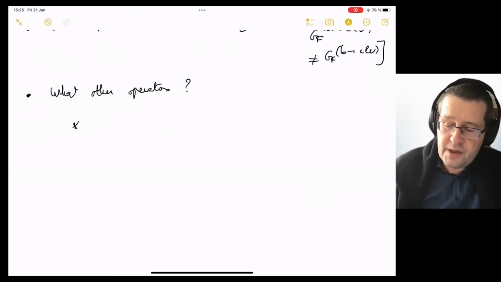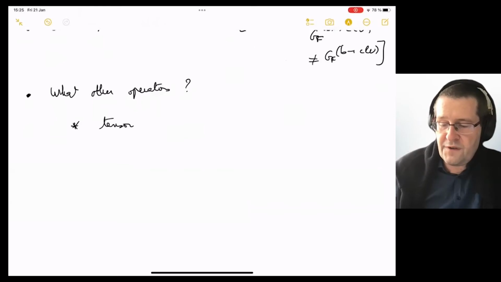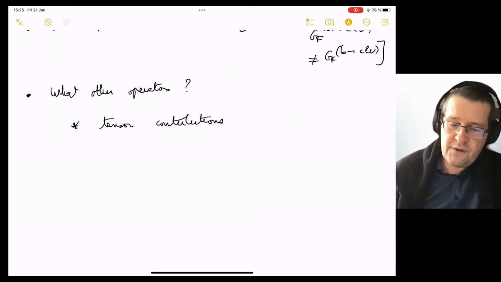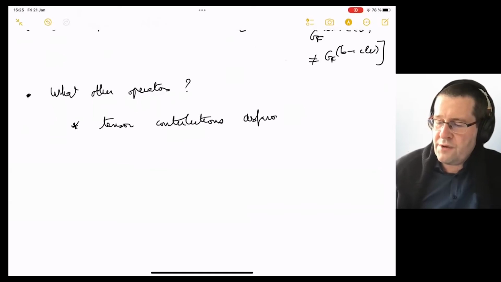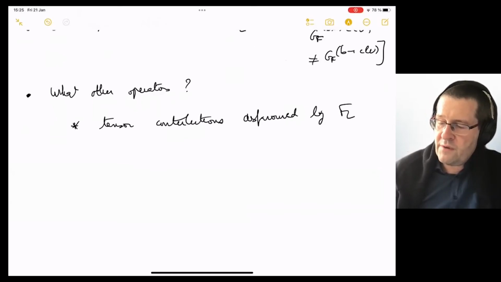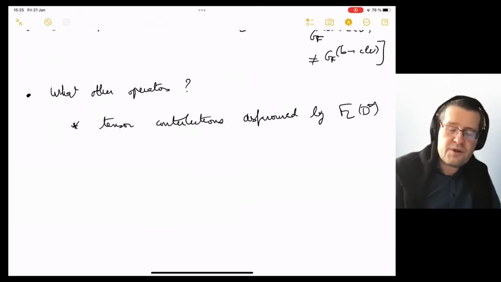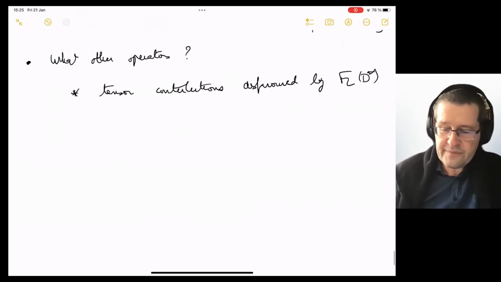Actually, what happens is that it's not very successful because the tensor contributions tend not to go in the right direction when you want to explain the longitudinal polarization of the D star.